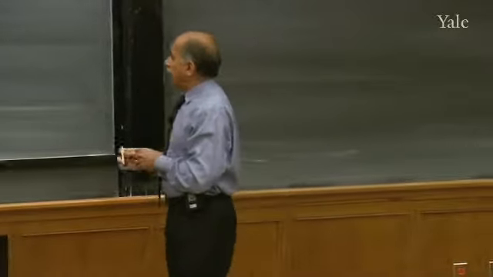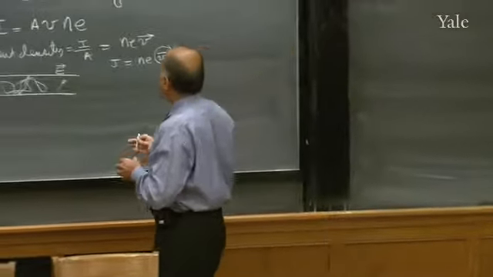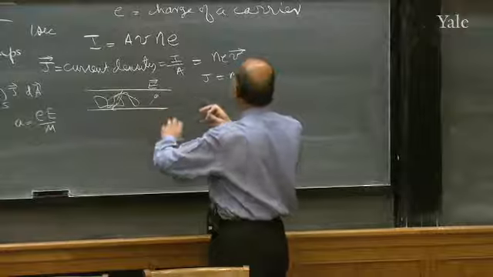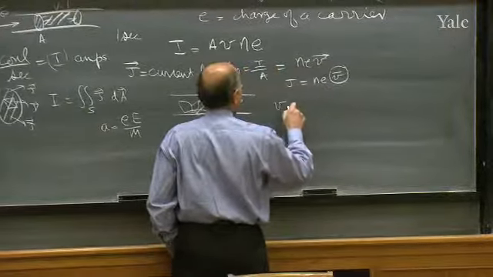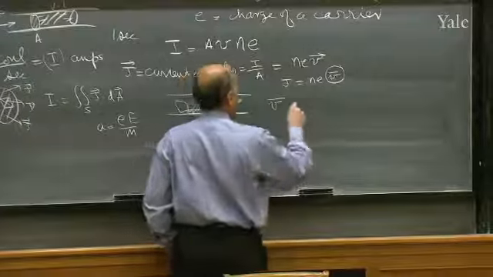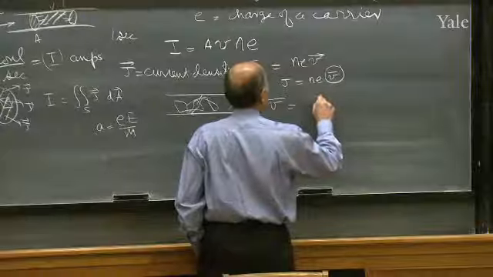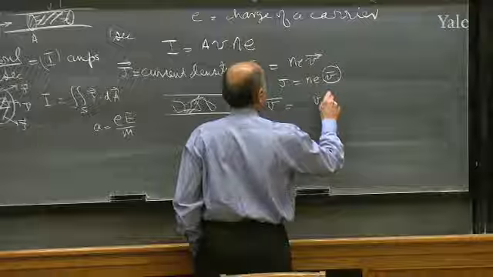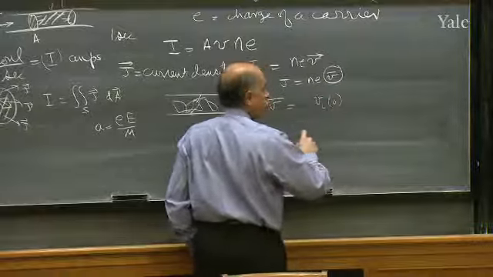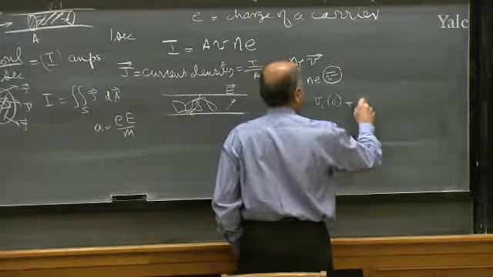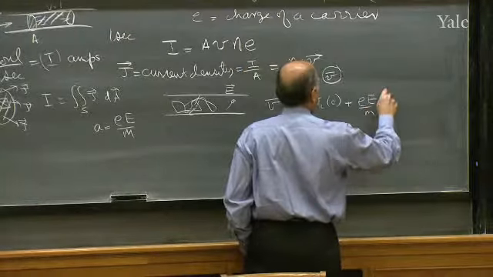Now, if I look at my clock, and if I look at the entire set of electrons and I say, what's the average velocity? The average velocity, which I denote with a bar, is obtained by averaging individual velocity. Individual velocity is the velocity at time 0 since the last collision plus E over m times Ti.